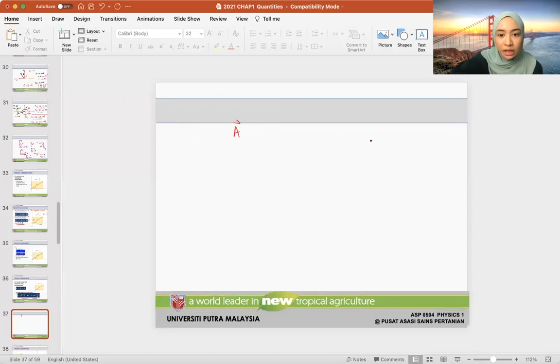Okay. What if we have vector A and we want to know what our AX and AY are? This was our first thing that we learned for today. And what if I have AX and I have AY and I want to know what vector A is? So these are the equations, we need to know which equation we need to use.